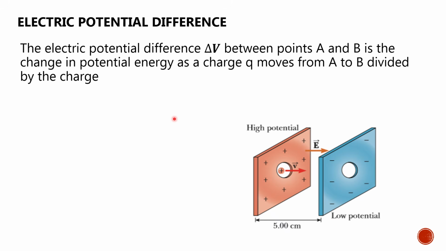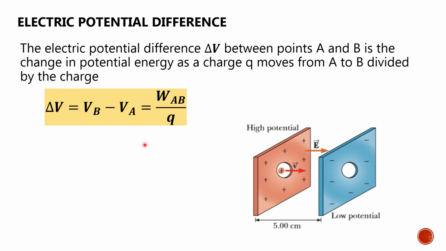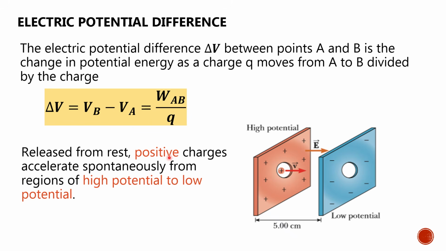So it is the change in electric potential. It is the work done on the object as it moves from position A to position B over the magnitude of the charge, the difference between the electric potentials at the two points. So there are two rules to remember.